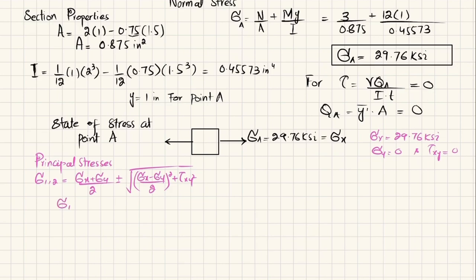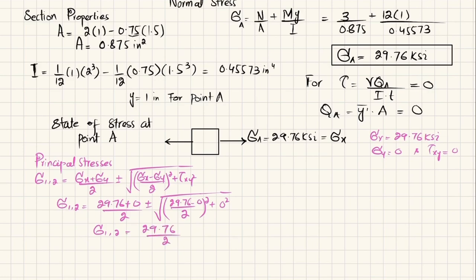When you put in the values, sigma 1, 2 is 29.76 plus 0 divided by 2, plus minus 29.76 minus 0 divided by 2 whole square plus 0 square.